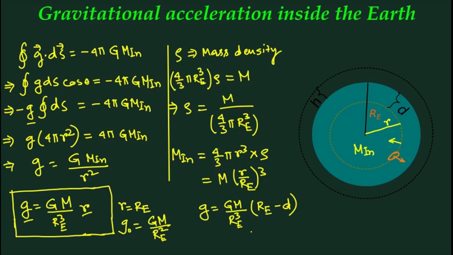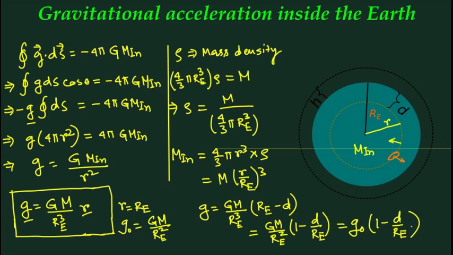This is equal to g naught times 1 minus d by RE. So when we go inside the earth, the gravitational acceleration g decreases linearly with the depth d.